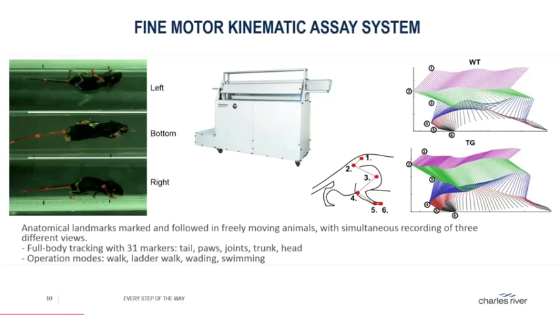In addition to normal gait analysis, the system enables also analysis of ladder walking, wading, and swimming. So in these cases, there is water involved. On the right side, you can see a hind limb skeleton and different joints marked and tracked over a complete gait cycle.